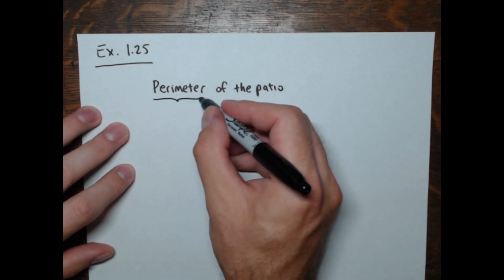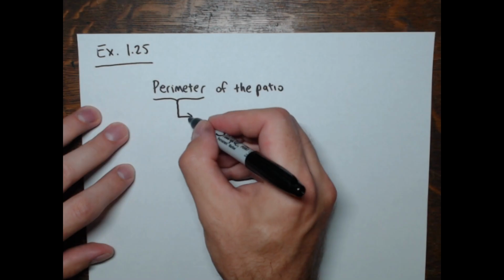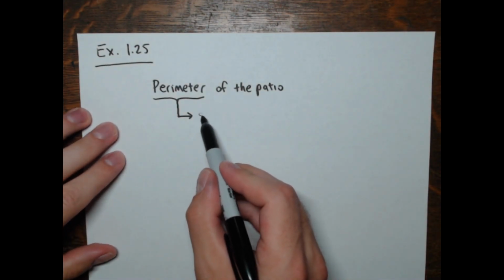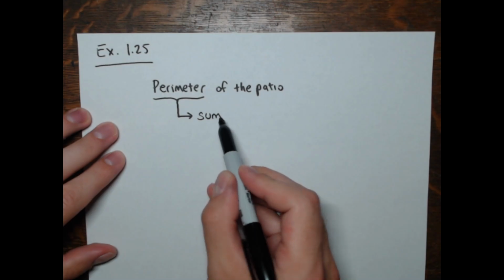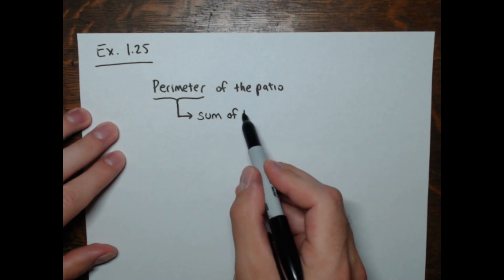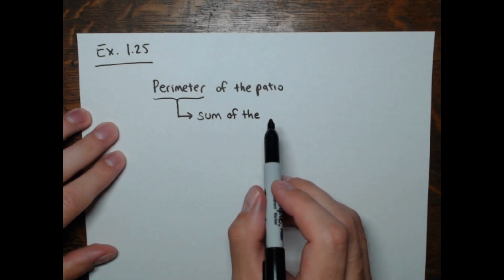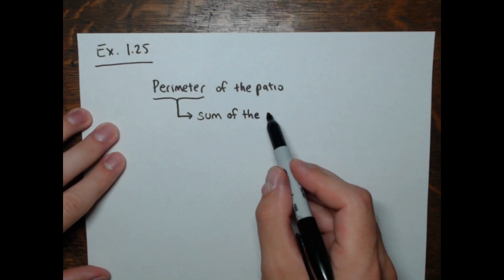And once again, the perimeter, when you see this, this is a very key word. The word perimeter means the sum of the lengths of the sides. It's the distance around the figure.